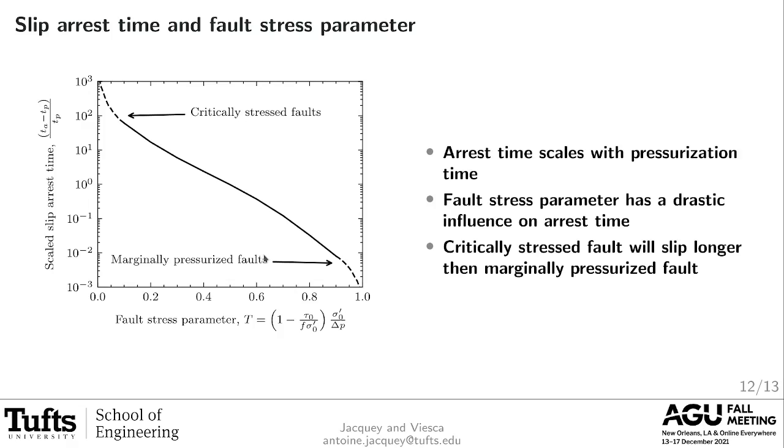What we saw is that the fault stress parameter has a drastic influence on the arrest time, and more importantly, that the arrest time is proportional to the pressurization duration. And finally, we found out that critically stressed faults, or low values of T, will slip for a drastically longer time than marginally pressurized faults.